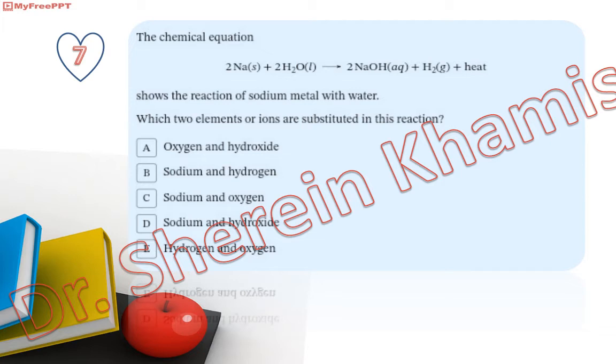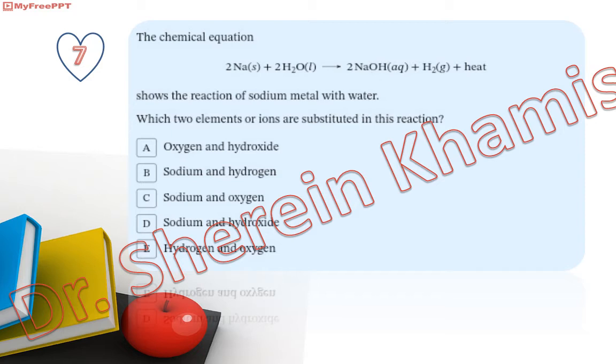So if we touch the basin that we make the reaction inside, it has heat, or it will increase in temperature. This shows the reaction of sodium metal with water. Which two elements or ions are substituted in this reaction? Okay, we have two elements or ions that are substituted in this reaction. We have two here.